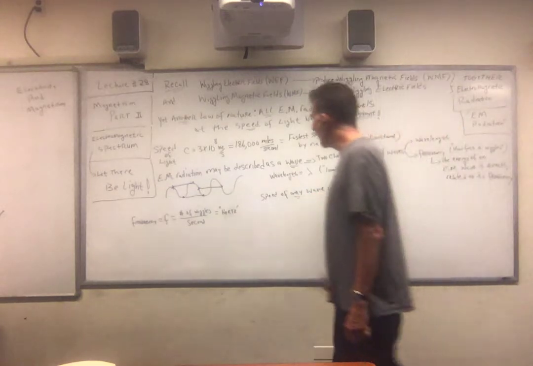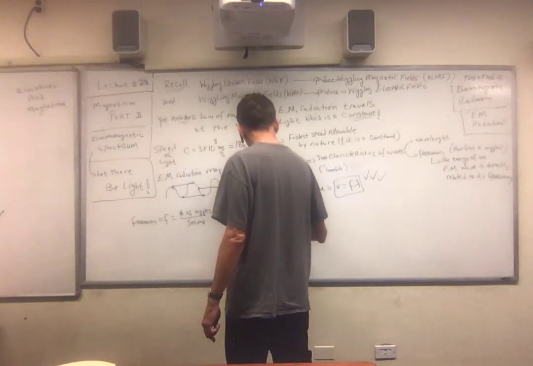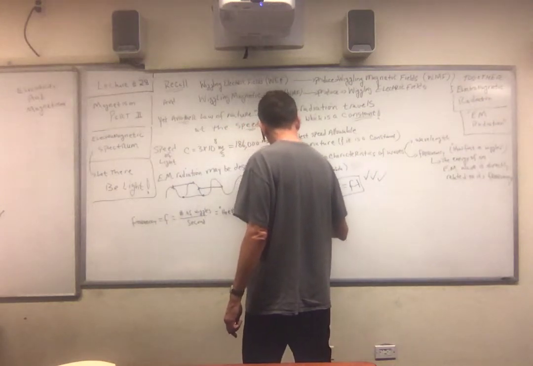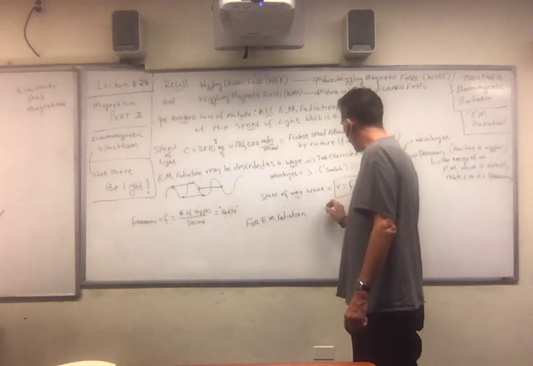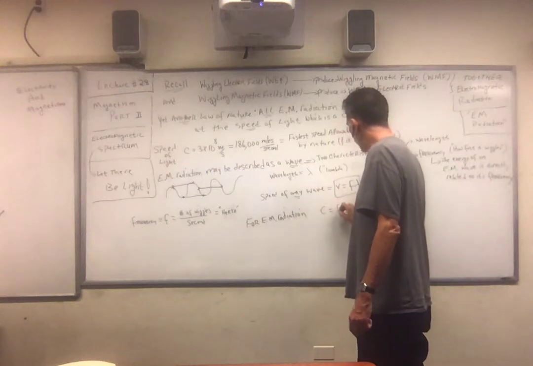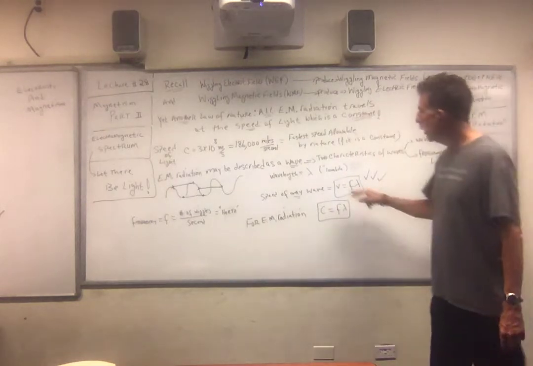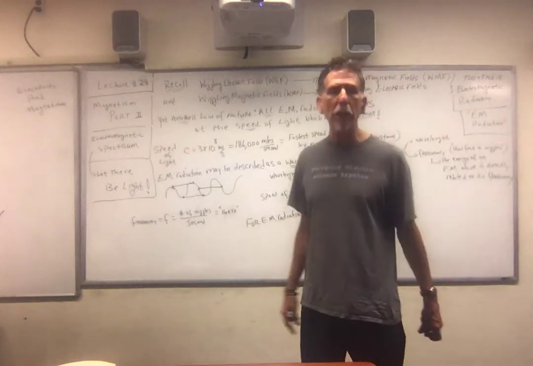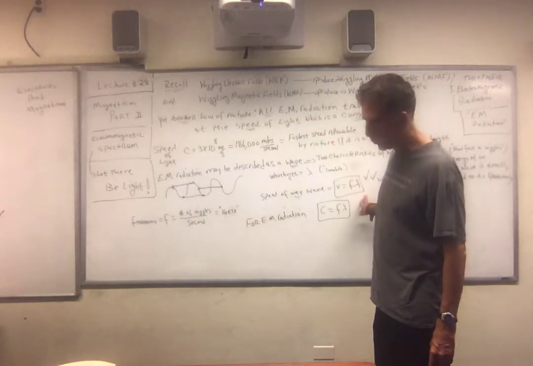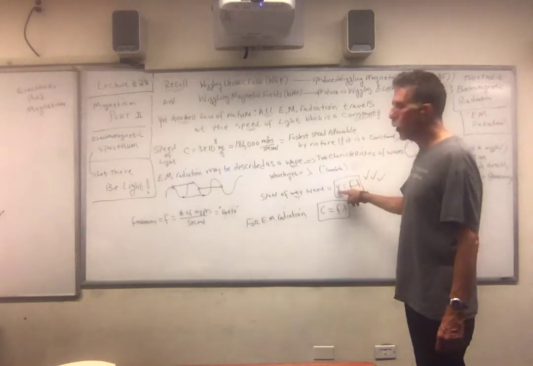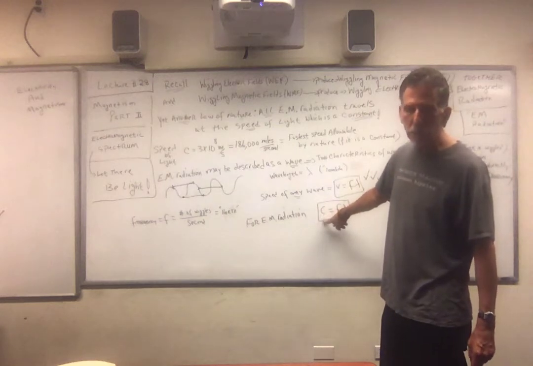For electromagnetic radiation, the same law holds, except now the speed of electromagnetic radiation is c equals f lambda. The speed of any wave could be a water wave, a sound wave, and so forth. Again, we're going to have a whole chapter on waves, and we'll talk about this later. A water wave could have any speed, but the speed for electromagnetic radiation is always the speed of light.